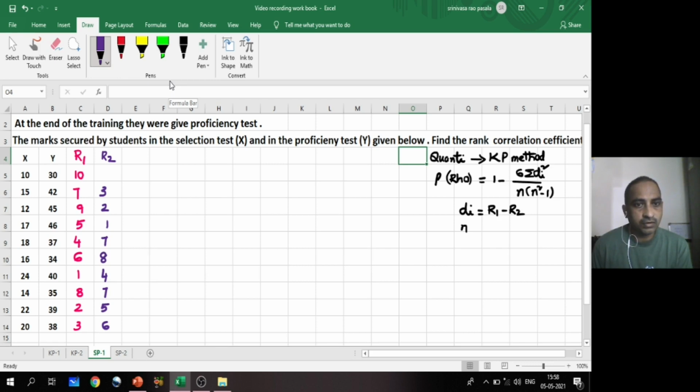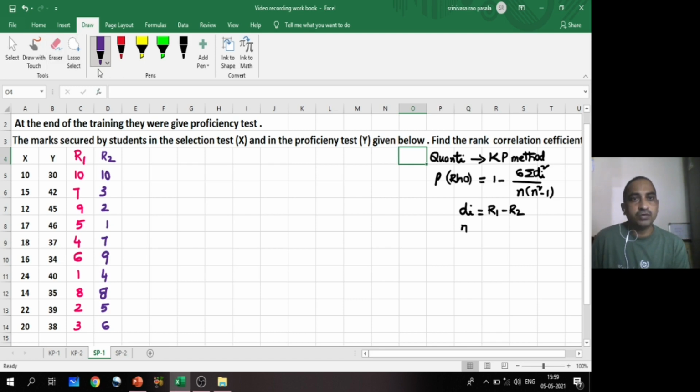After 34, 30 is the next highest number, so that is the 10th rank.